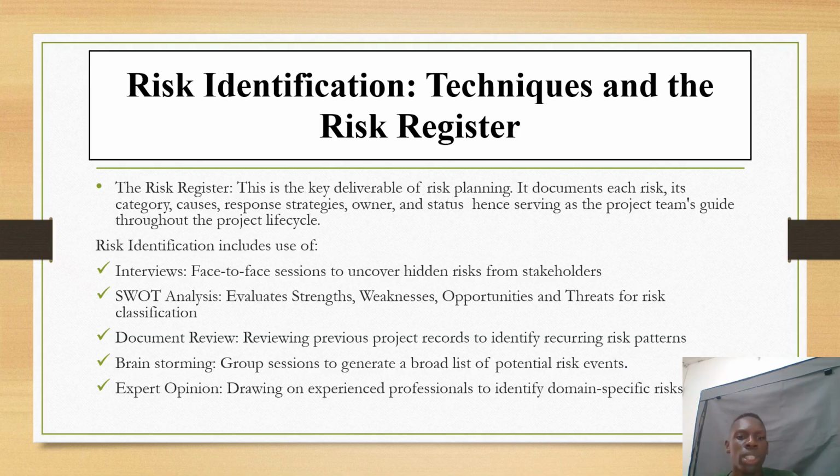We have document review, where you review documentation and records written sometime before to identify recurring risk patterns. Then you can use brainstorming, where there are group sessions to generate a broad list of potential risk events. Then we have expert opinions, which includes drawing on experienced professionals to identify domain-specific risks. Those people are experienced, so they can easily identify domain risks.